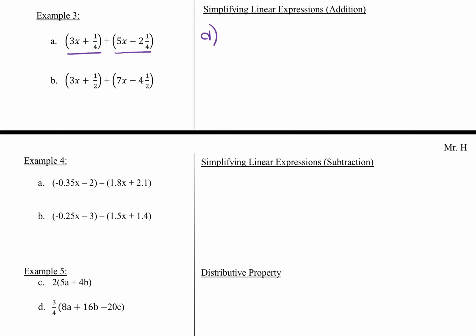So for a, I have a 3x and a 5x. That makes 8x. And I have 1/4 and negative 2 and 1/4. If I add those together, that makes negative 2. So we have 8x minus 2.